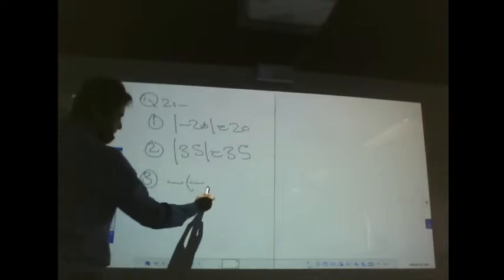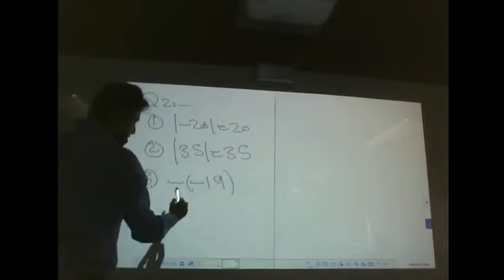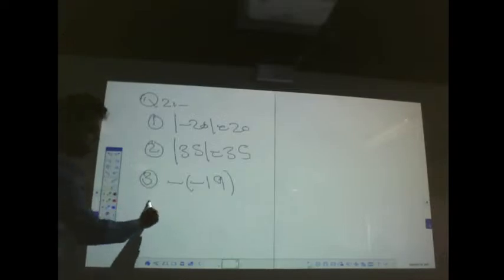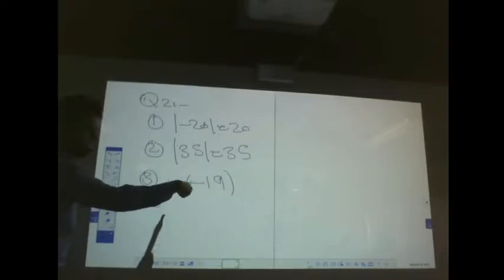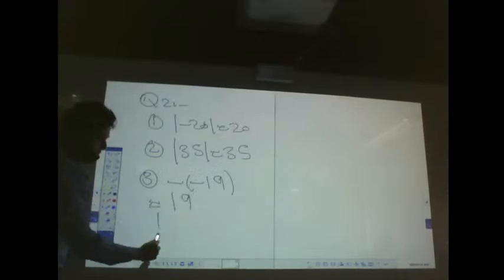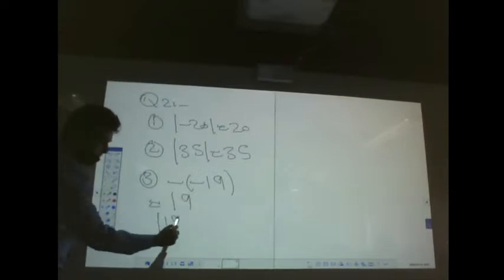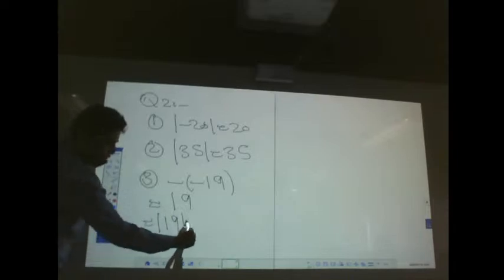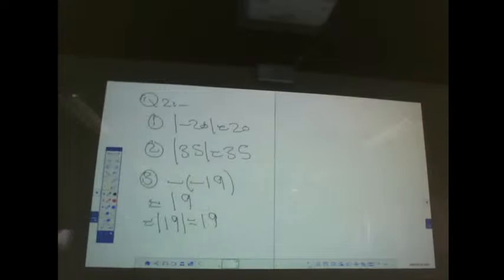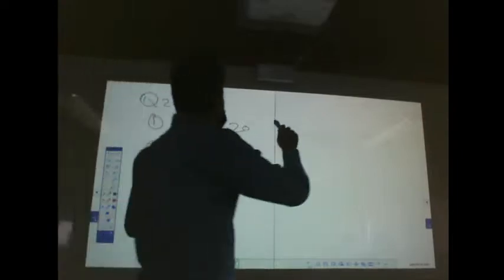Minus 19. In this question, first we have to solve this one. The minus means the opposite of minus 19, which is 19. Next, absolute of 19 equals 19 also, right? Now last question number 3.